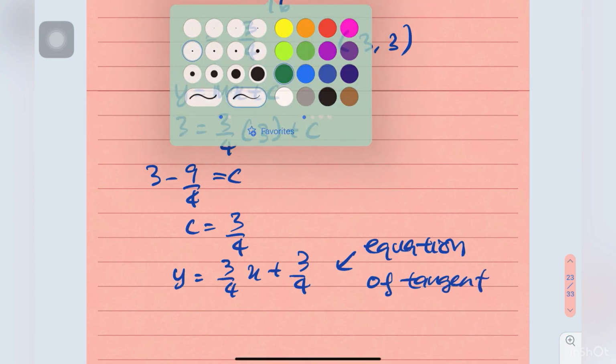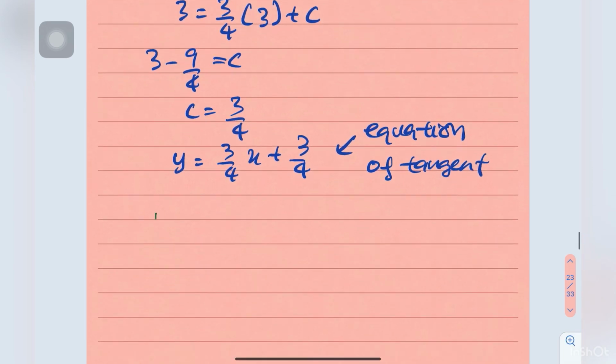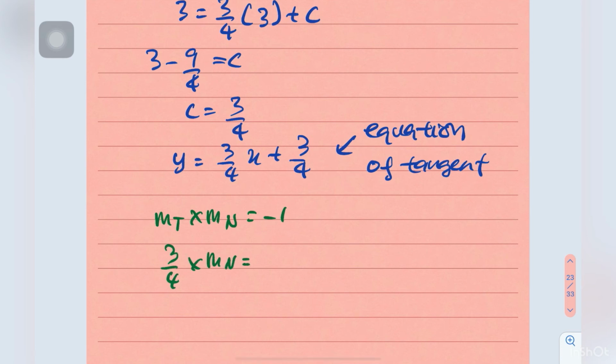Okay, next, equation of normal. Gradient of normal first. Gradient tangent times gradient normal is negative 1. Tangent is 3 over 4, so then gradient of normal is negative 4 over 3.